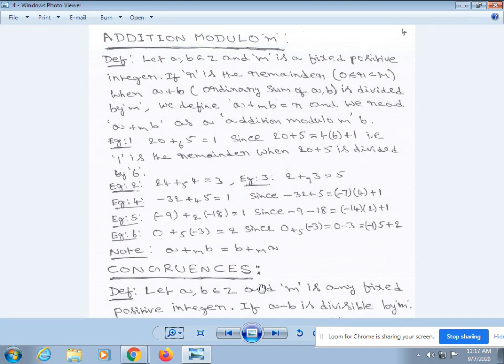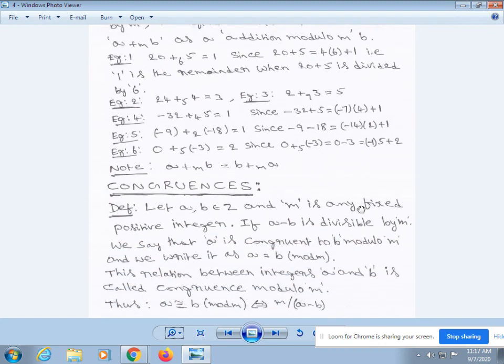Here note, a plus b addition modulo m is also equal to b plus a addition modulo m. Next, congruences. Definition. Let a, b belong to Z and m be any fixed positive integer.